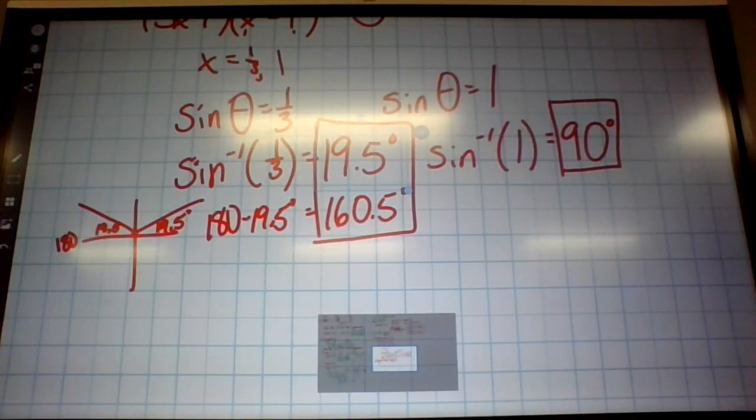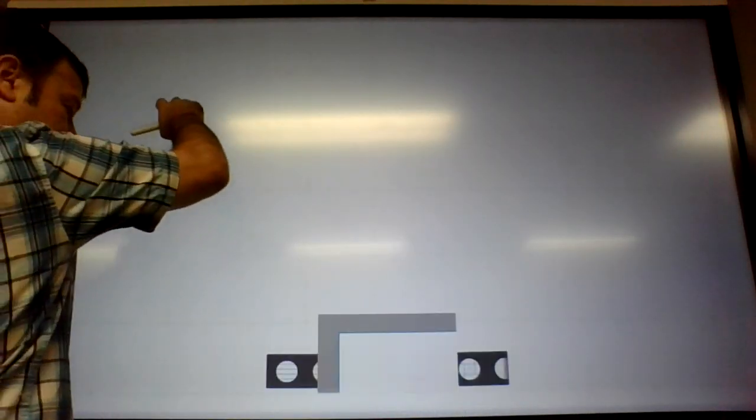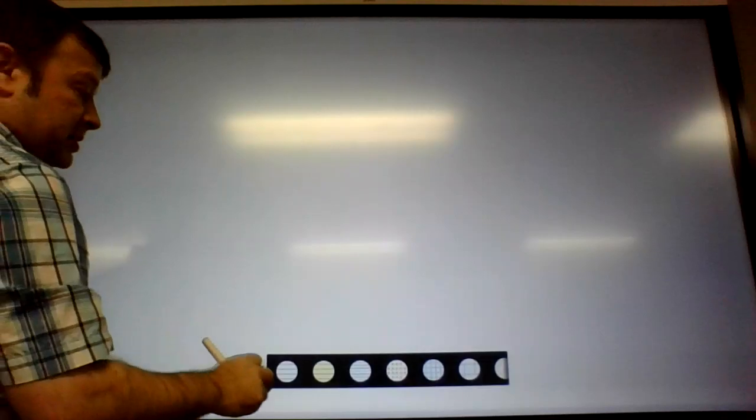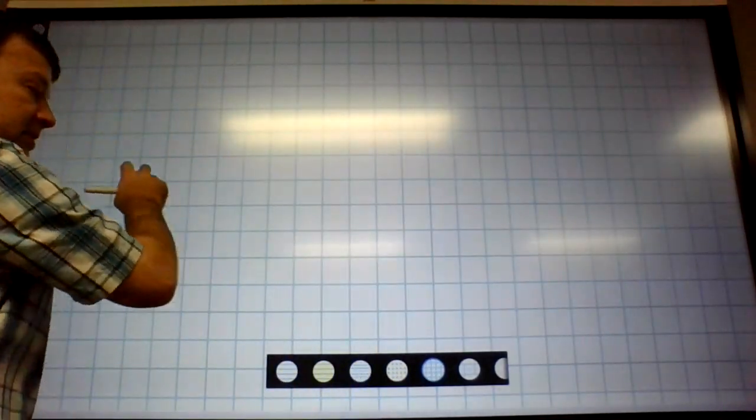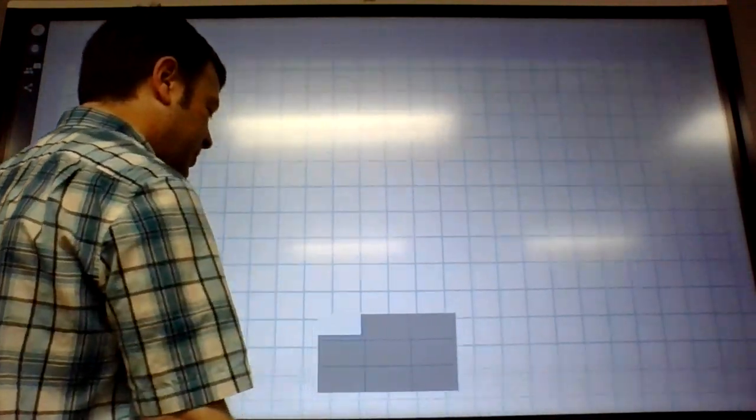Will the next chapter be easier? I think the next chapter starts with right triangle SOHCAHTOA stuff, so that part should be easier. Isn't it going to be like a month and a half until we do it though? Not that long, like a month, I guess.